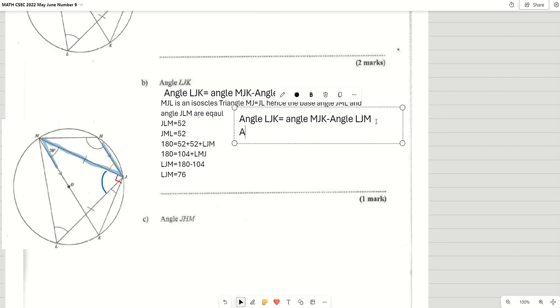So we know that angle LJK would be equal to 90 minus 76. So angle LJK is equal to 14, and that is how you would get this answer here.